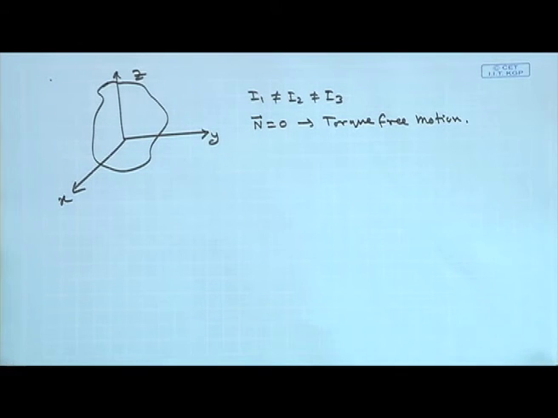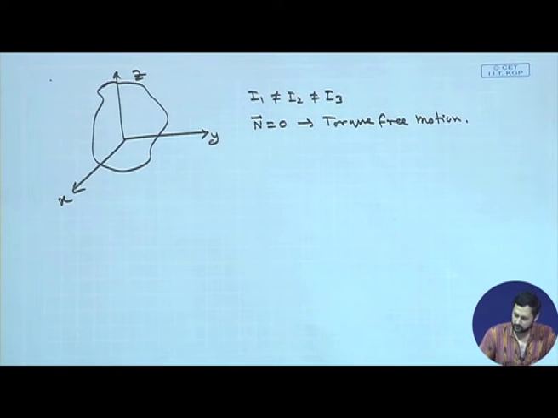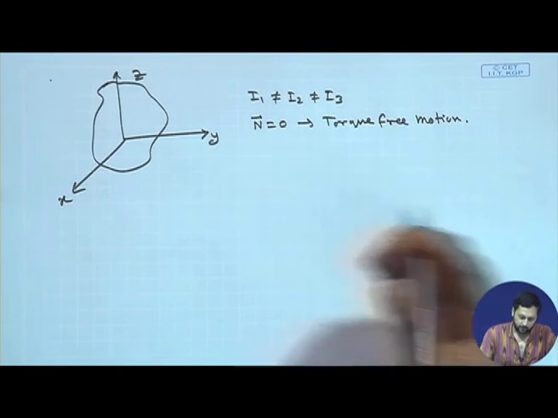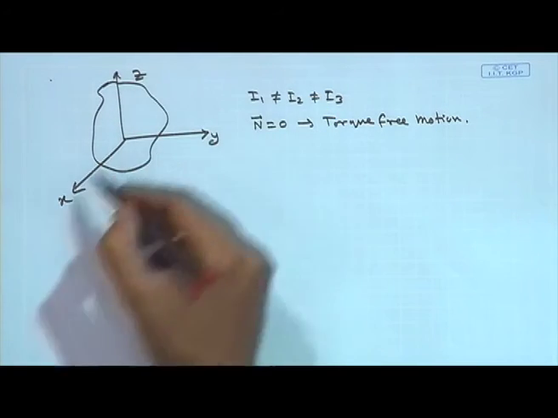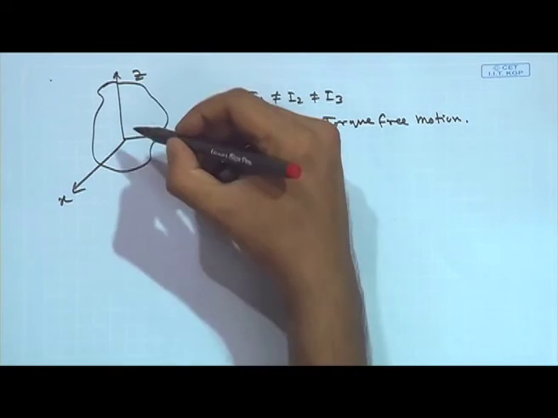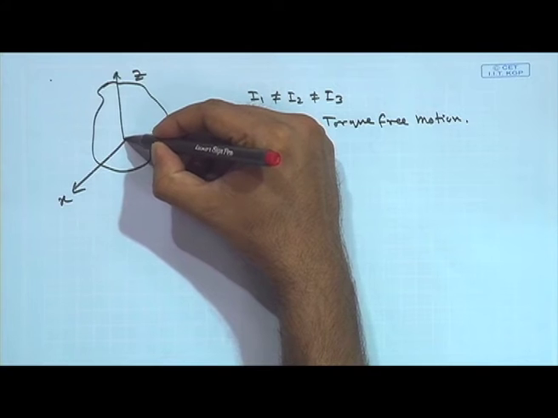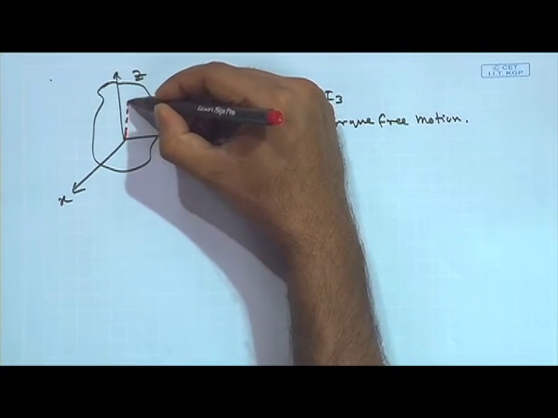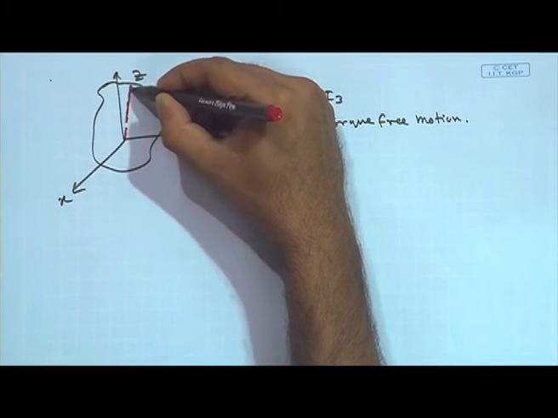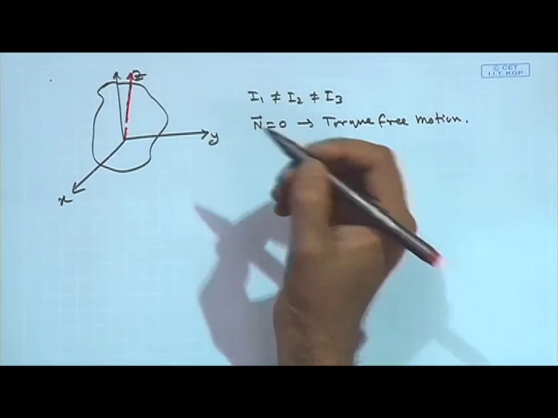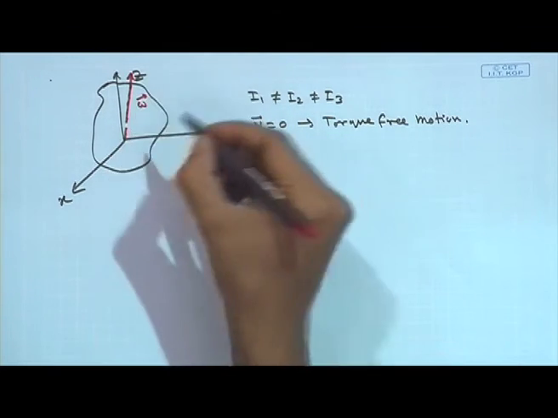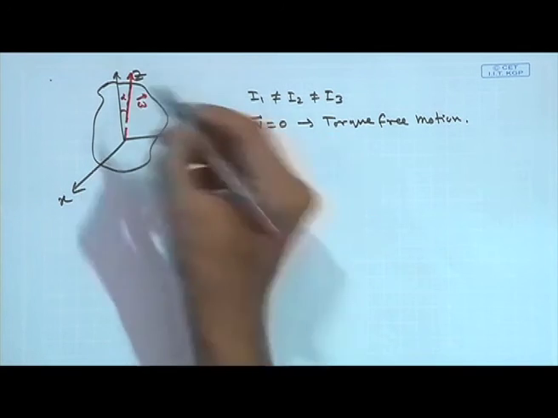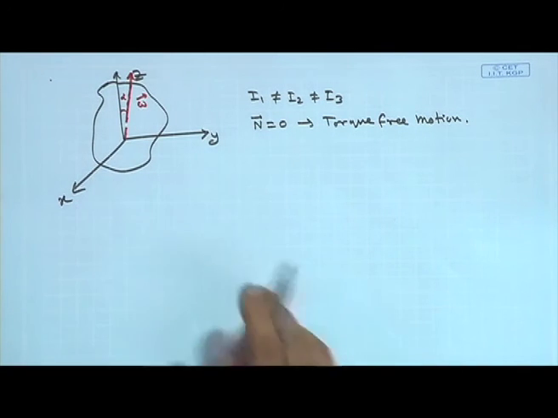Now in order to analyze the motion, we will make an assumption. So we have marked the body x, y, and z axis. Now let us assume this is our angular velocity vector omega, which is making an angle alpha with the body z axis.